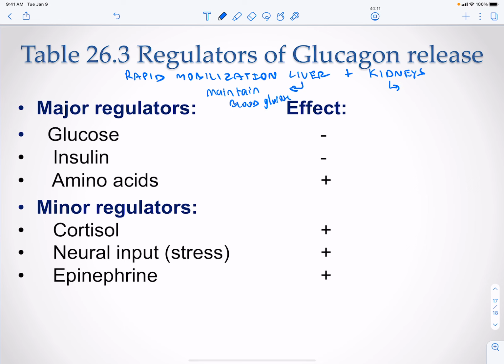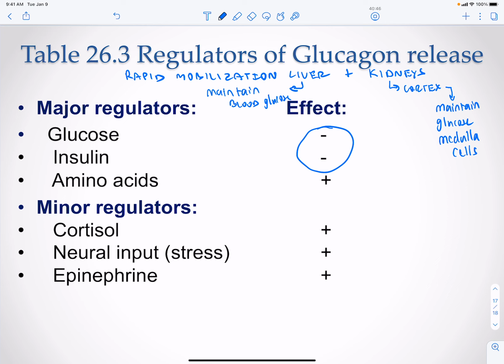And your kidney cortex is going to maintain glucose for the medulla. So your kidney cortex can also do gluconeogenesis during the fasting stage. And so both of those are going to have to rapidly be turned on to making glucose in order to maintain glucose levels in the blood or glucose levels in the kidney. Major regulators are going to be, of course, negative by insulin and glucose, positive by amino acids. And then your minor regulators are going to be those nerve inputs.